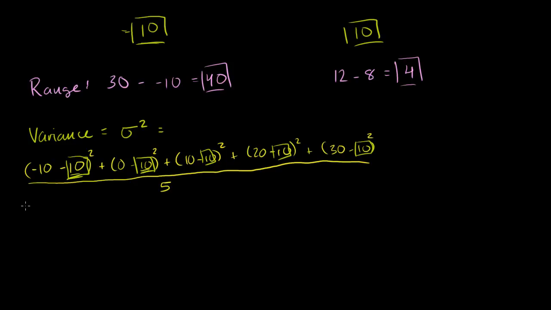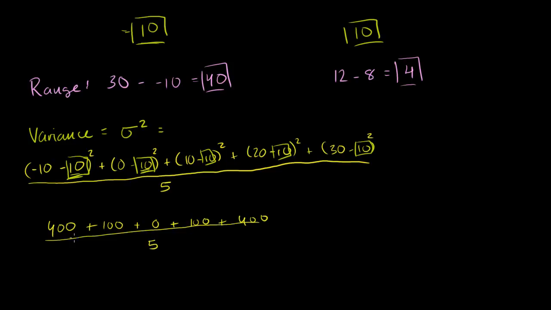Negative 20 squared is 400. 0 minus 10 is negative 10, squared is 100, so plus 100. 10 minus 10 squared, that's just 0 squared, which is 0. Plus 20 minus 10 is 10, squared is 100. Plus 30 minus 10, which is 20, squared is 400. All of that over 5.